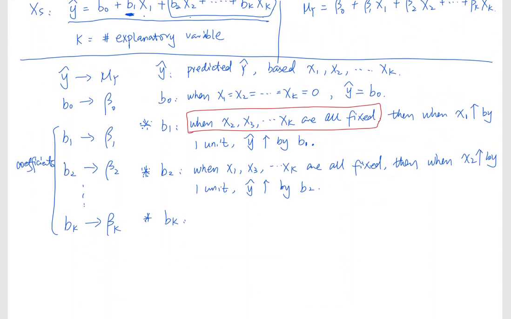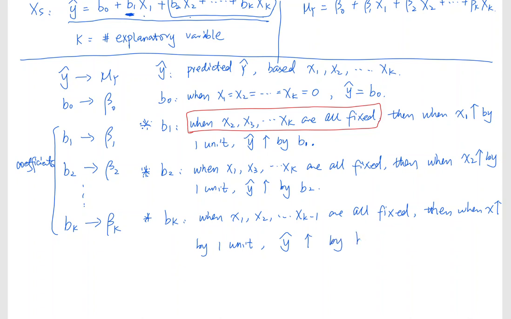So that means when x1, x2 until the term before xk, xk minus 1, are all fixed, then when xk increases by 1 unit, the predicted value of y will increase by bk.